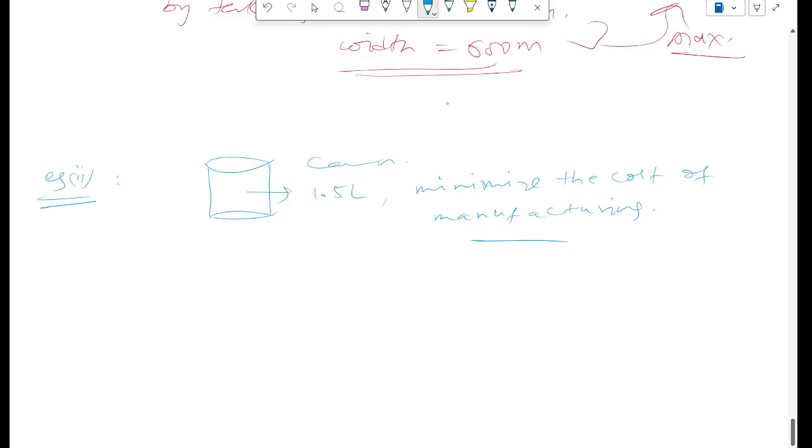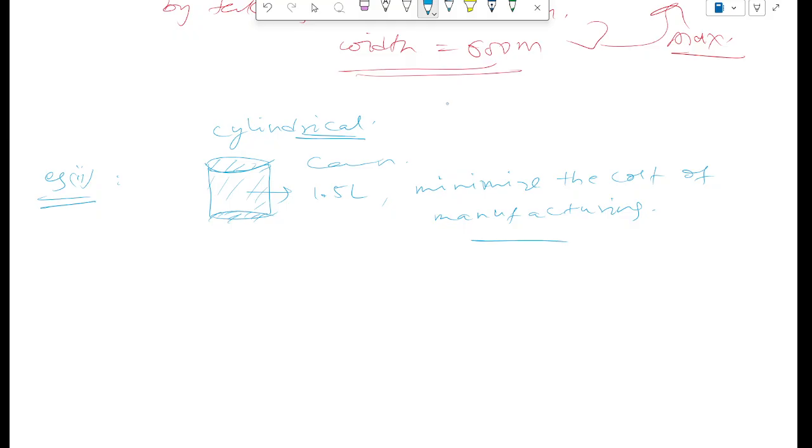We have to make a can of volume, and this is a cylindrical can for your reference. Cylindrical can with a volume of 1.5 liter. This is a hollow can with a volume of 1.5 liter, closed from all directions. And the condition is we have to minimize the cost of manufacturing.